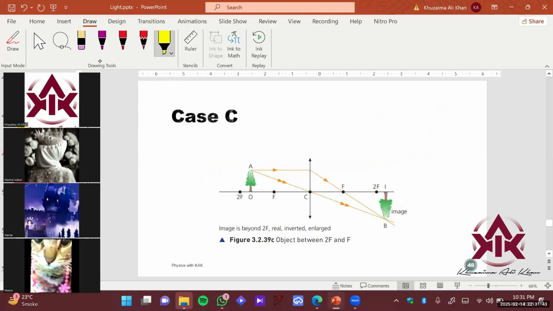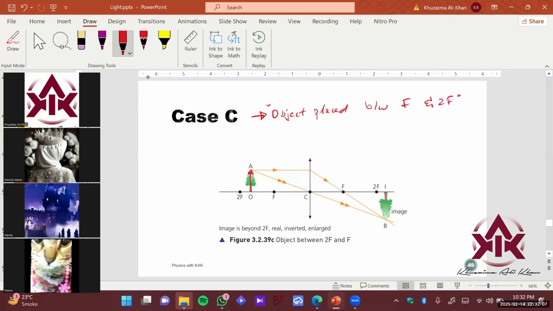Okay, now we have case C, which is basically the object placed between F and 2F. This is the object. Again, you can draw a vector sort of diagram here.